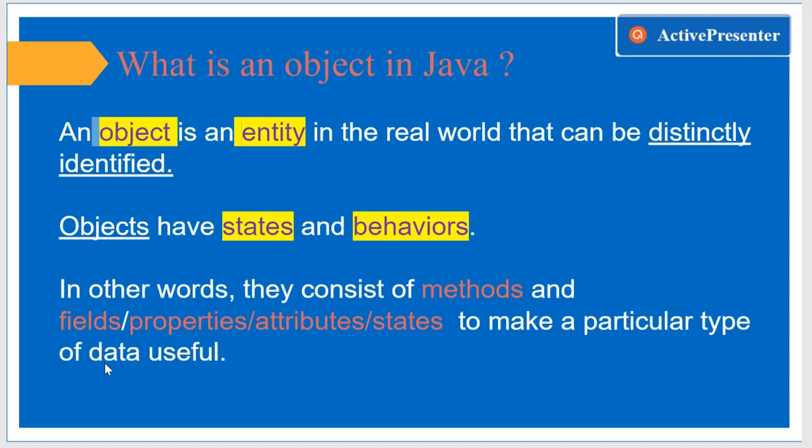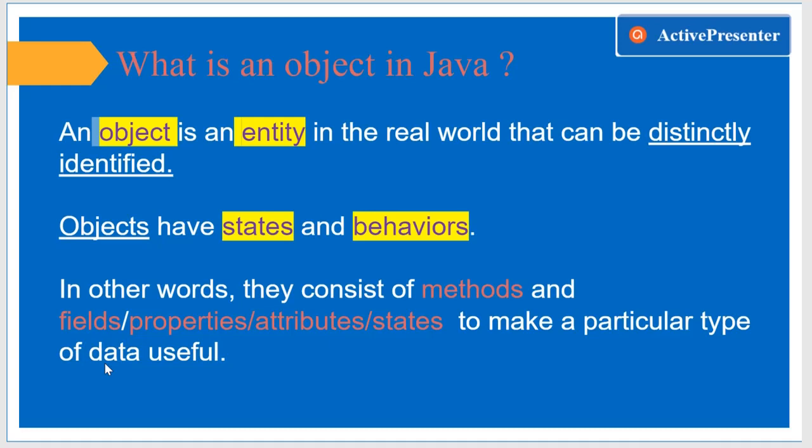Banana tree, lemon tree, papaya tree, all are trees, but they are different, unique. Some properties and behaviors are similar, but they are not the same tree. Is a banana tree the papaya tree? No. So an object is an entity in the real world that can be distinctly identified.